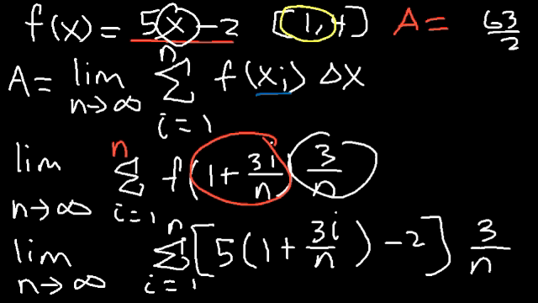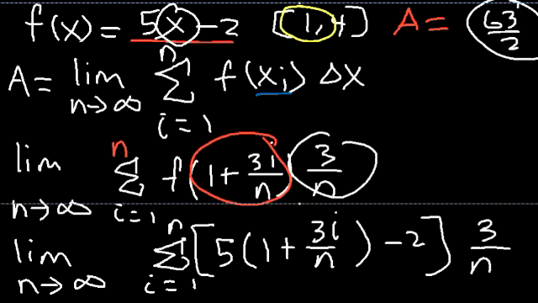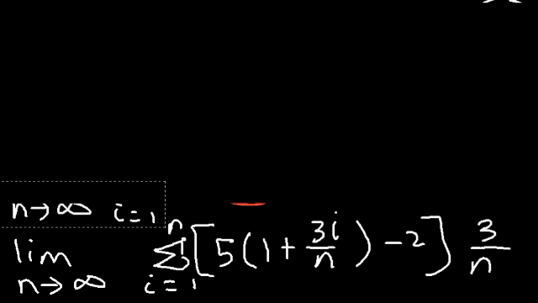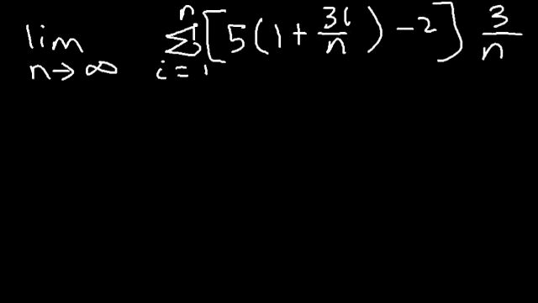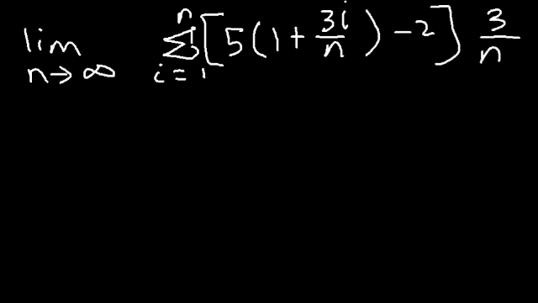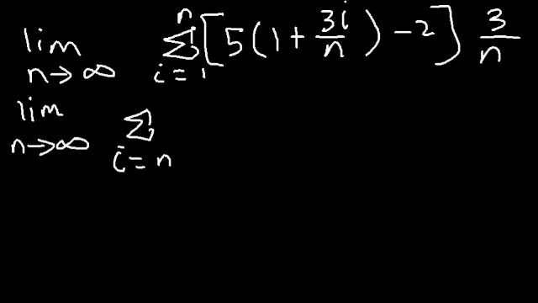Now I'm going to erase everything, so just remember that the area is 63 over 2, which is 31.5. So our goal is to get that answer. So let's distribute the 5 to everything inside.